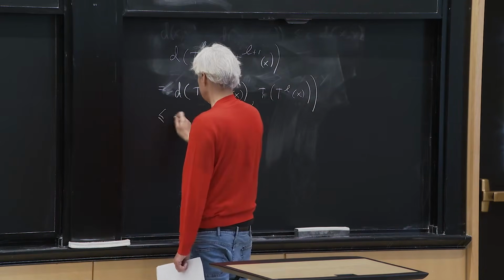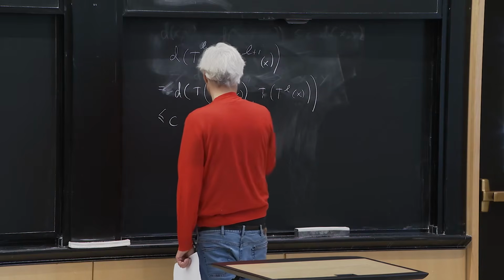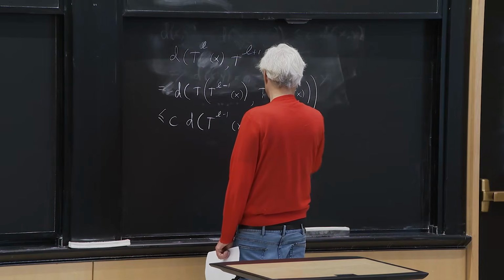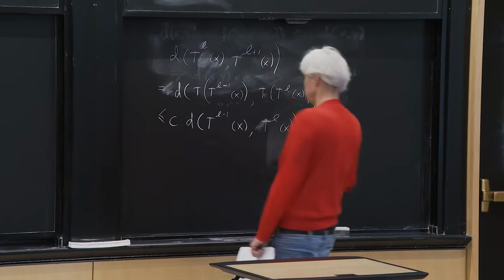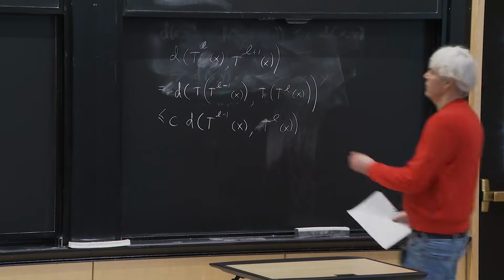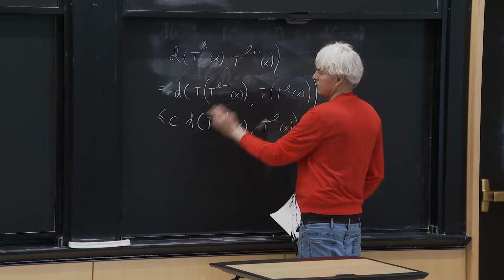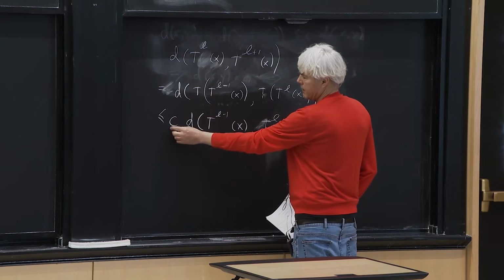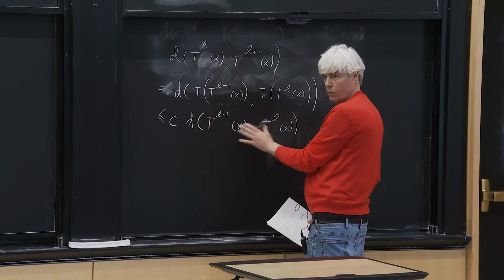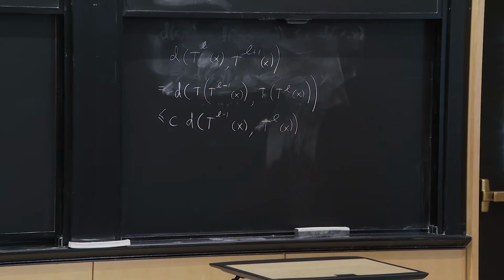T is contracting, so you get c times the distance between T^(L-1) of X and T^L of X. So if you take two consecutive elements and take the distance, then it's bounded by this constant c times the distance where you have applied T one less time on both.